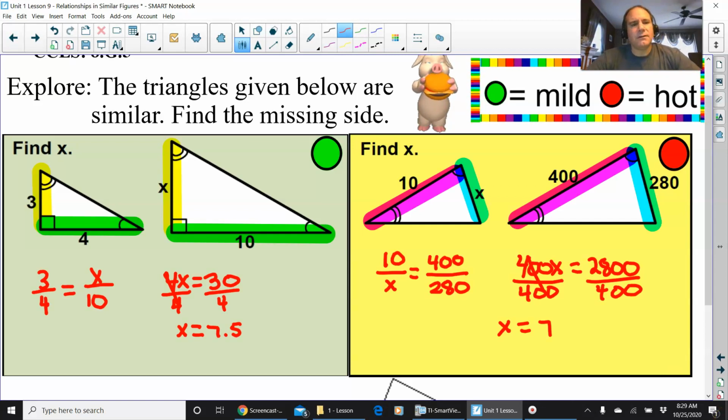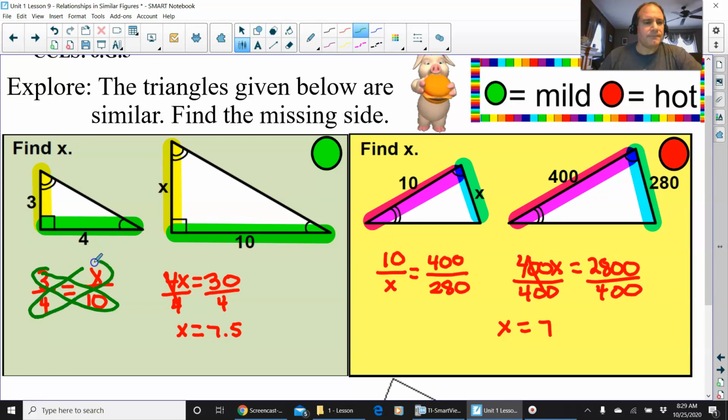Okay, so here are the answers. I just highlighted, just make sure you understand that you are matching up the corresponding sides. 3/4: I looked at the first triangle, and these triangles are similar, so I'm matching up the corresponding sides, making a fraction, x over 10, and then you cross multiply. 4x equals 30, and you get 7.5 when you solve.